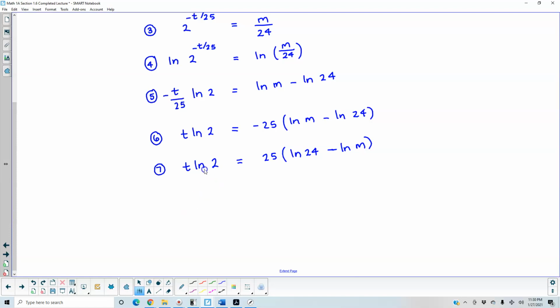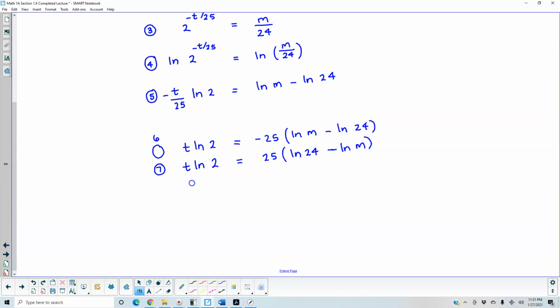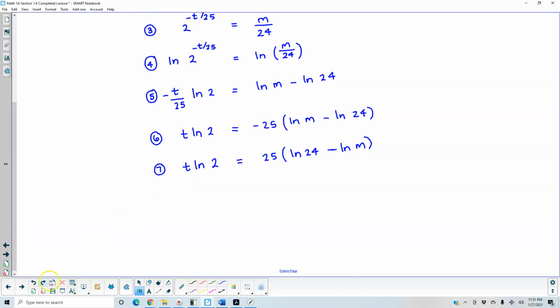Now, in order to solve for t, we're going to divide by the natural log of 2. So t is going to equal 25 over the natural log of 2 times the natural log of 24 minus the natural log of m.